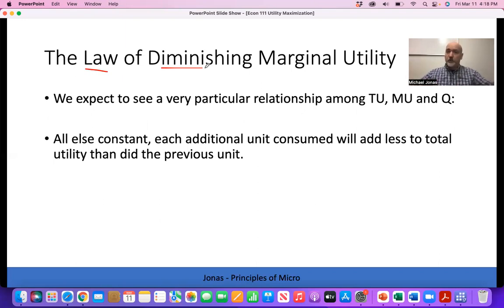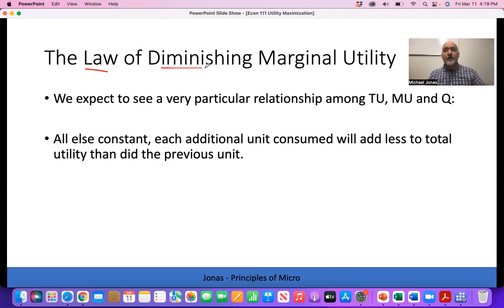past a certain point, we are very confident that each additional unit consumed, each delta Q, will add less to our total happiness, our total utility, than did the previous unit. We keep consuming additional units of the same good, and that step up, that climb, is going to be smaller and smaller and smaller.